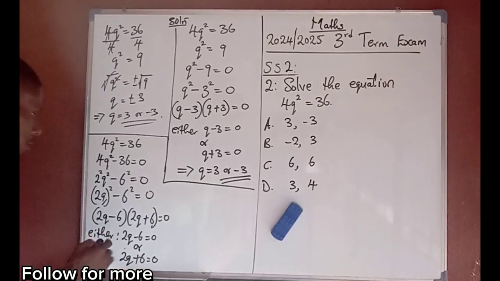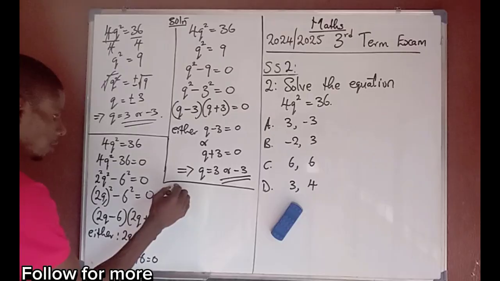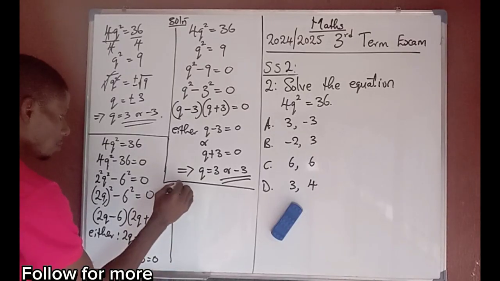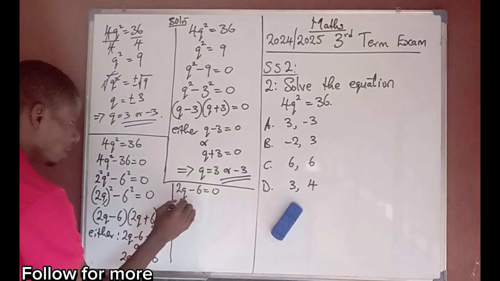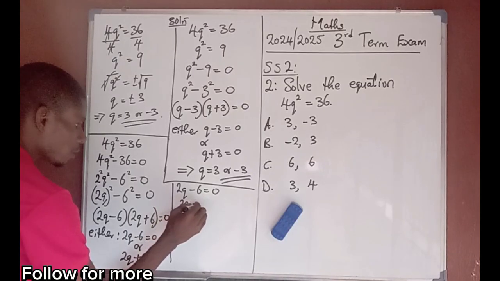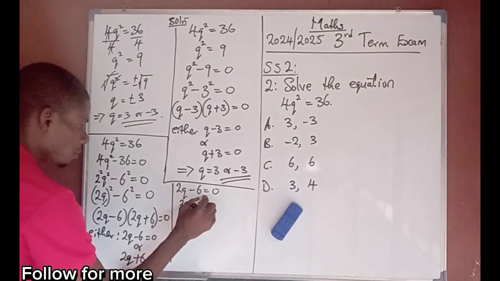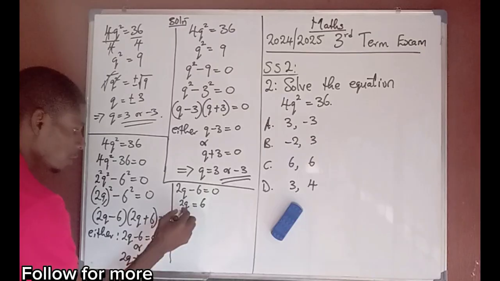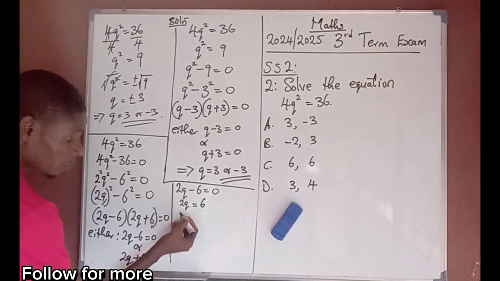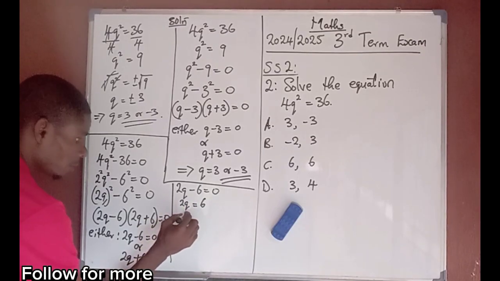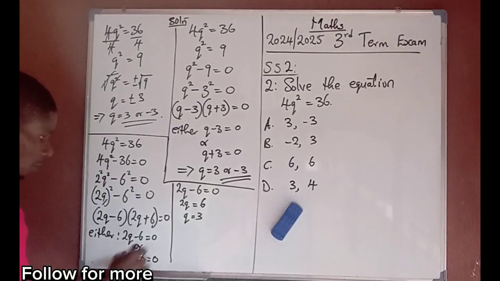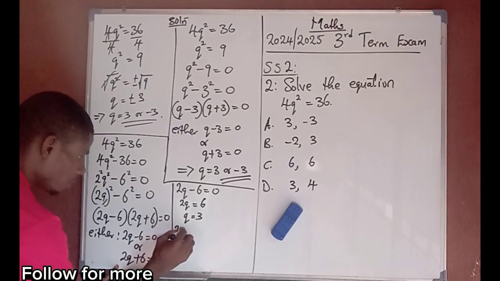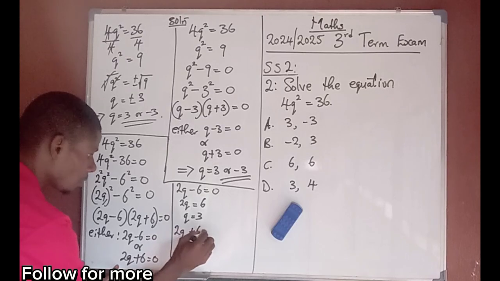Okay, let's solve further to know the values of q. So 2q minus 6 equals 0 implies that 2q is equal to 6. If we divide both sides by the coefficient of q, which is 2, q is equal to 3. Let's pick the second one that says 2q plus 6 equals 0. So let's shift this 6 over.